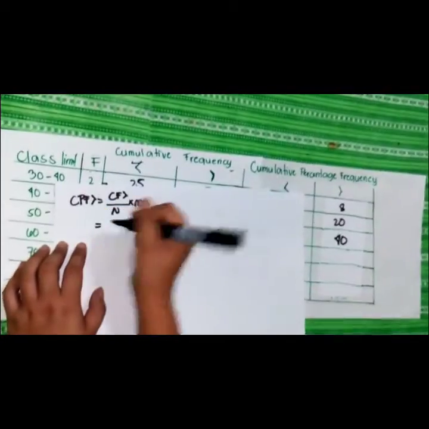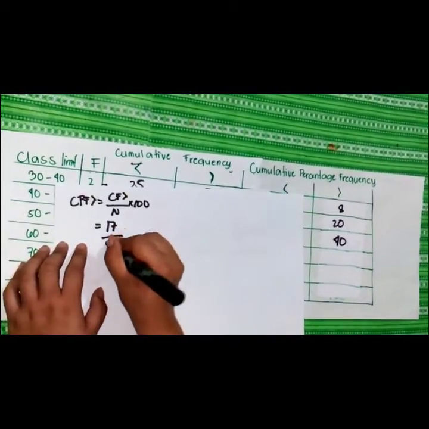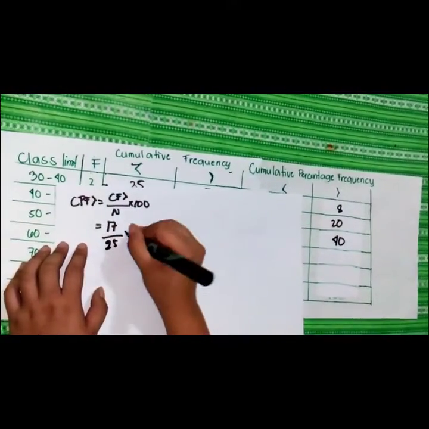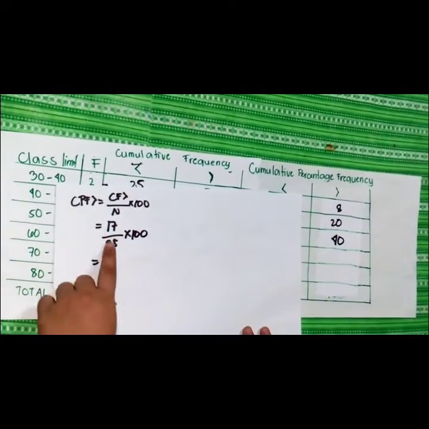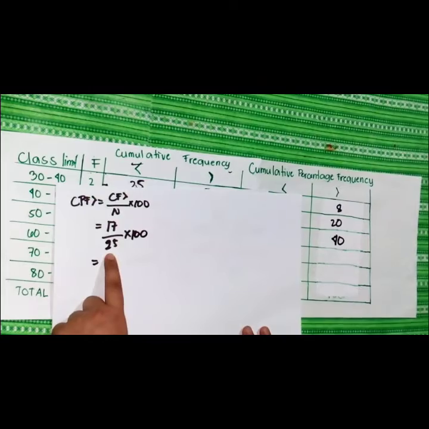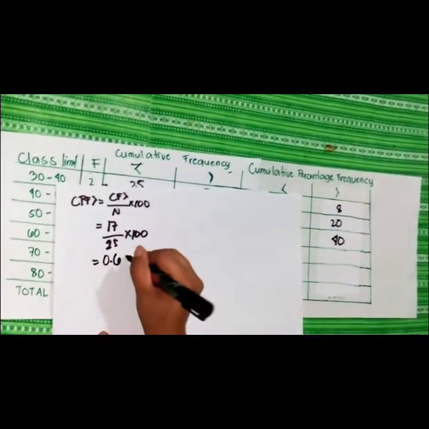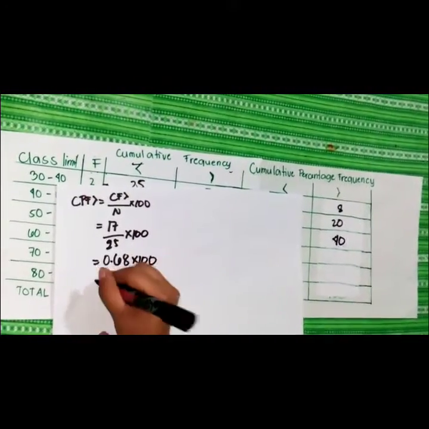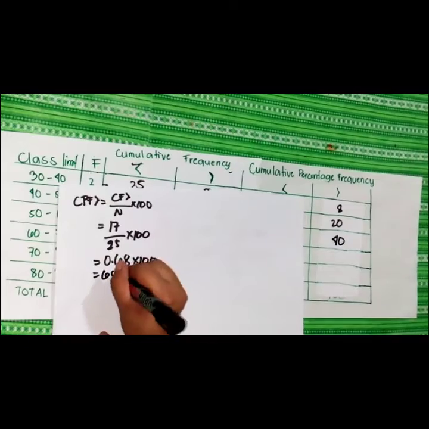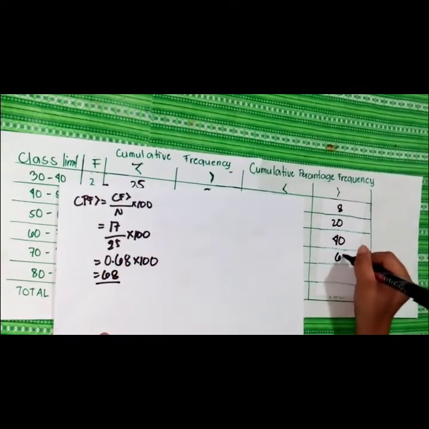So we are going to write 17 here over the number of cases, 25. So 17 divided by the number of cases, 25, is equal to 0.68. And 0.68 times 100 is equal to 68. So our answer in the fourth row, we are going to write 68 here.